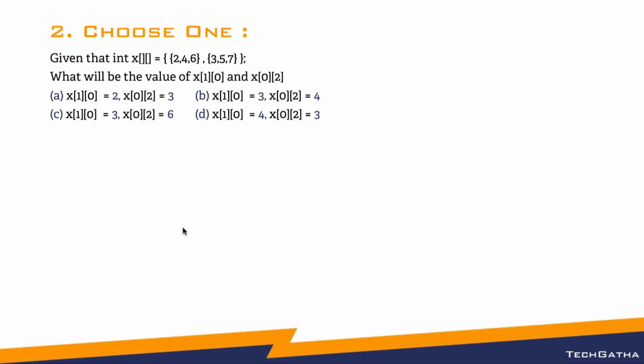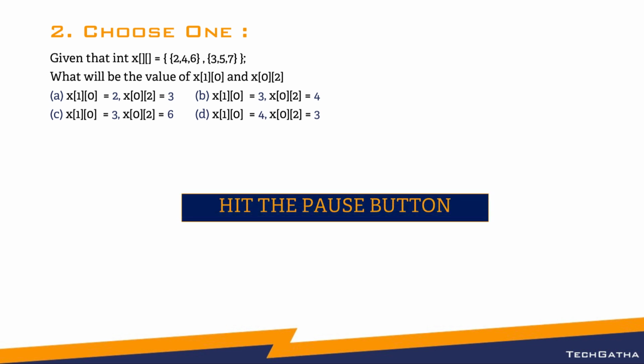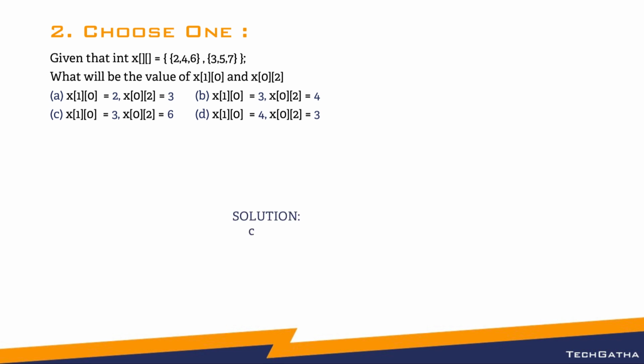Next. The solution is C. The array is 2 by 3, so you can see we have 2 rows and 3 columns.